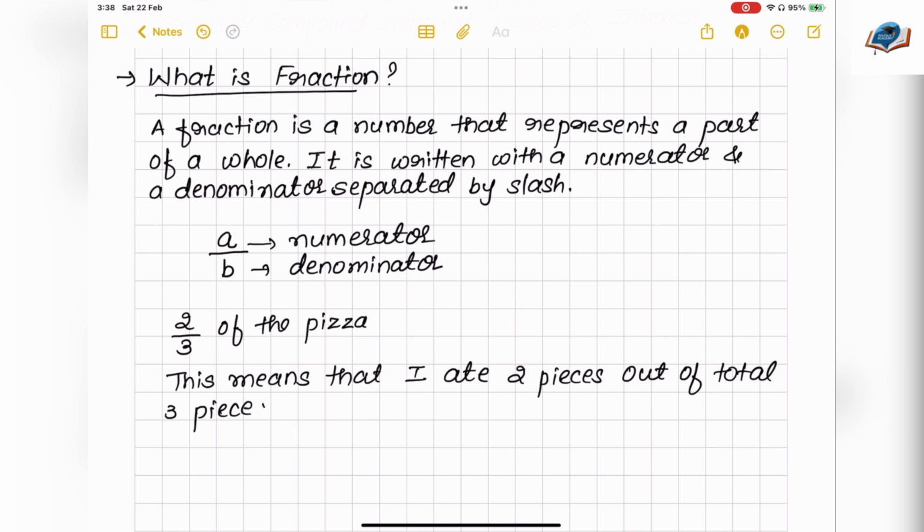So, in other words, I can say, okay, the numerator tells you how many parts of the whole are being considered, and the denominator tells you how many equal parts the whole has been divided into. So seeing this example, I am considering that you have eaten two parts and the whole pizza was divided into three equal parts.